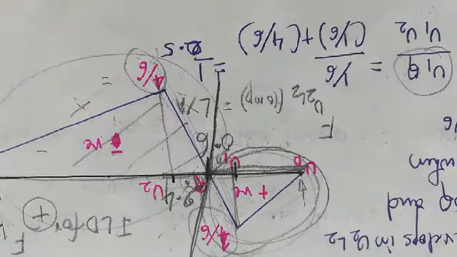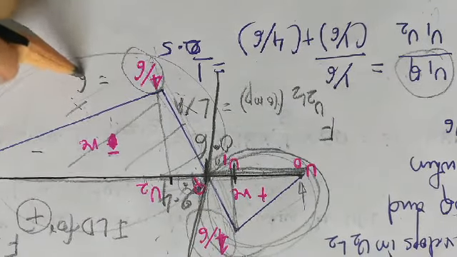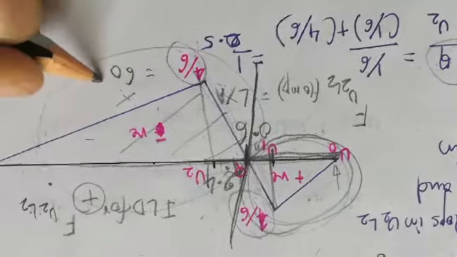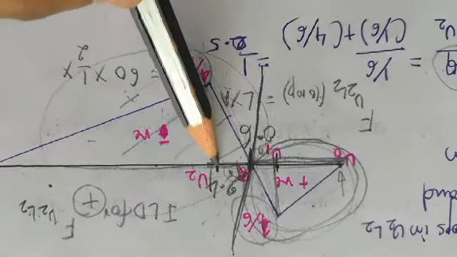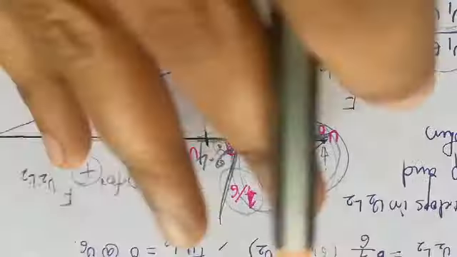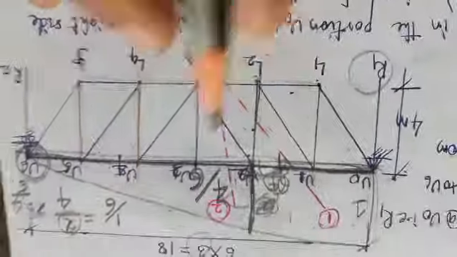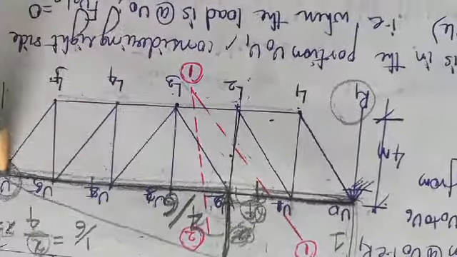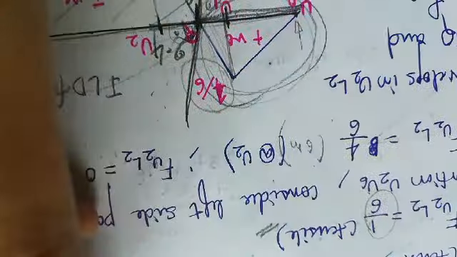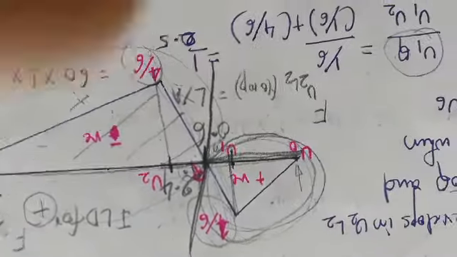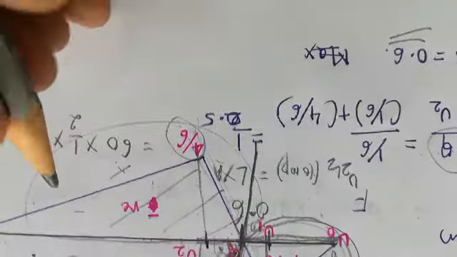So what is the load? The load given in the problem is 60. Area of the triangle is half base times height. How much is the base? From U2 to U6, how many parts are there? 1, 2, 3, 4. 4 3s are 12, so each part is 3 meters.